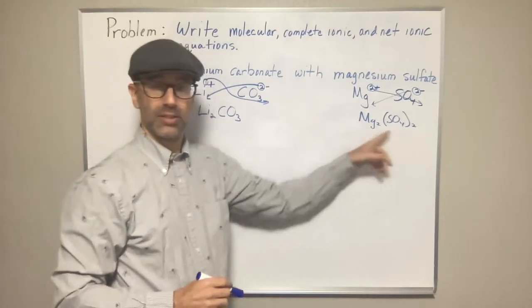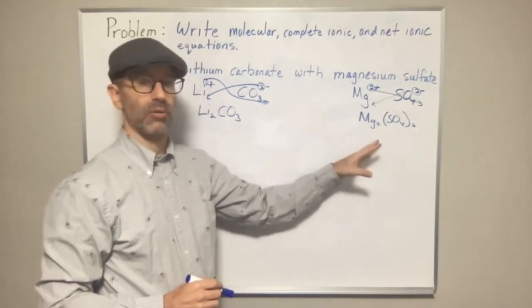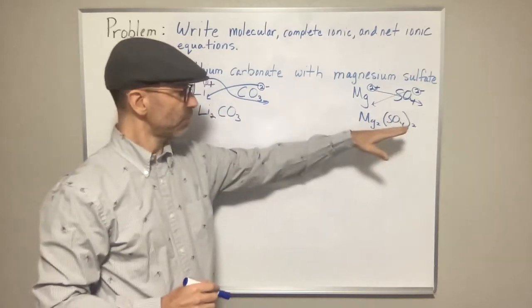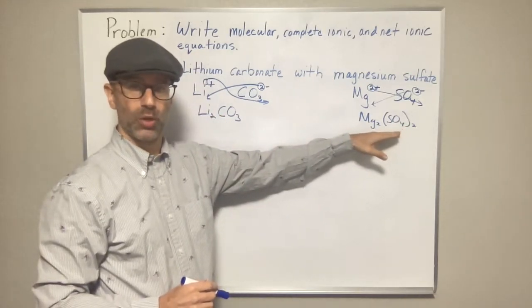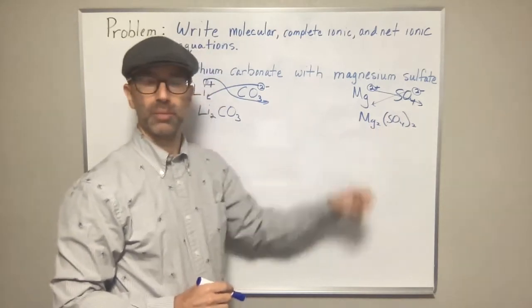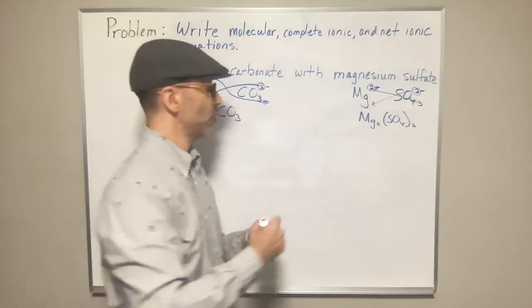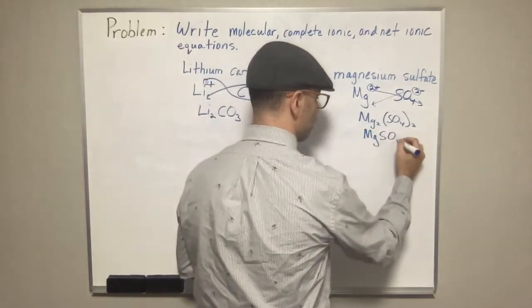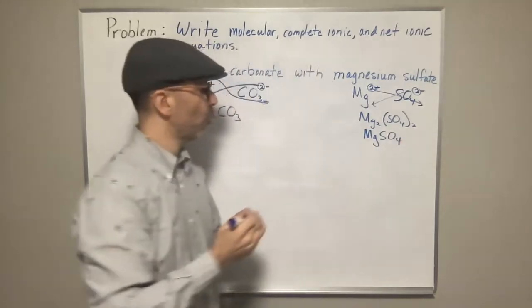This is balanced. There is no charge, but we want our formulas to be in the lowest whole number ratio possible. So 2 to 2 can be simplified to 1 to 1. So that would be MgSO4 with no parentheses.